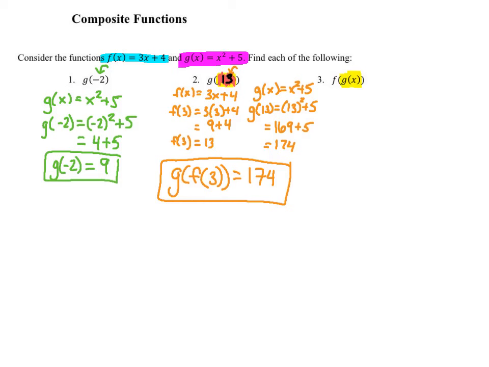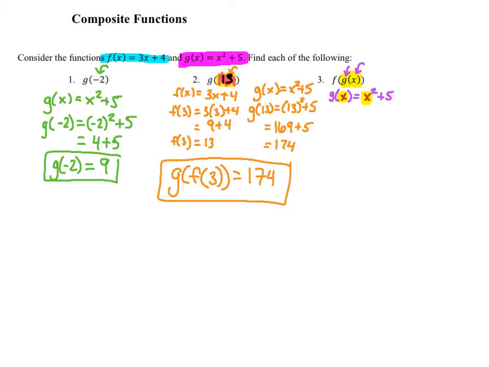So what I'm going to do is bring down the g function. So g of x equals x squared plus 5. Now what this tells me is that I'm going to use the g function, and I'm going to make sure x is plugged in. So now you can see that I have my x plugged into the function.